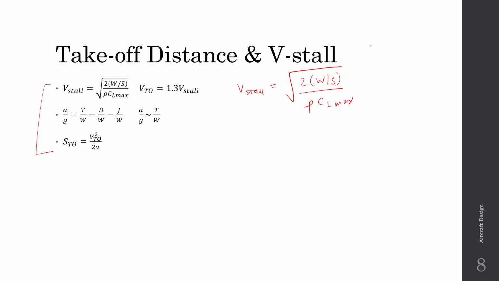So if you invert this equation, you can get half rho v.